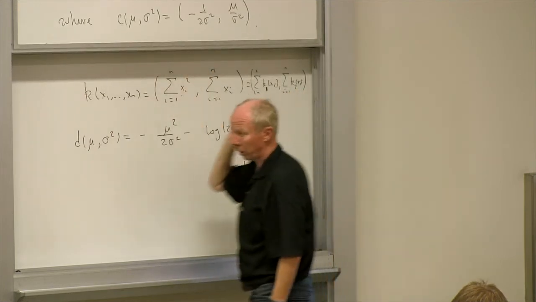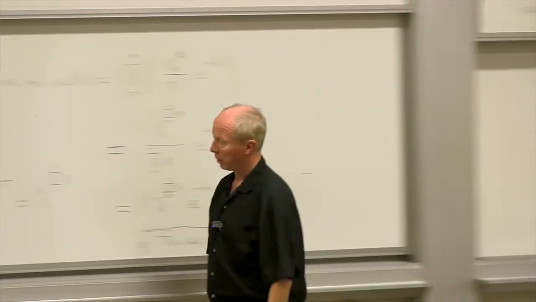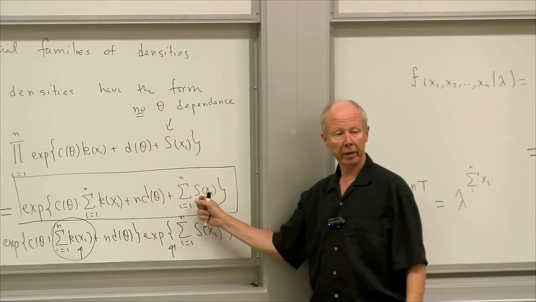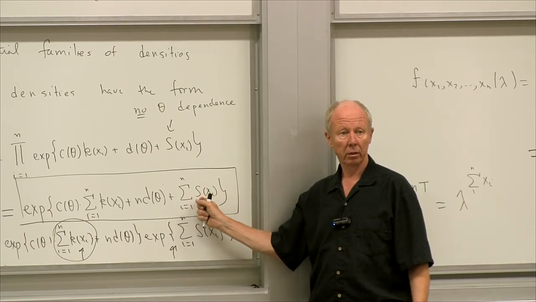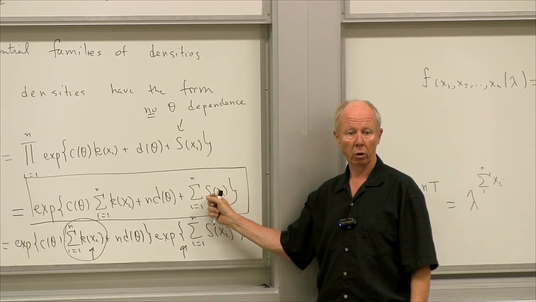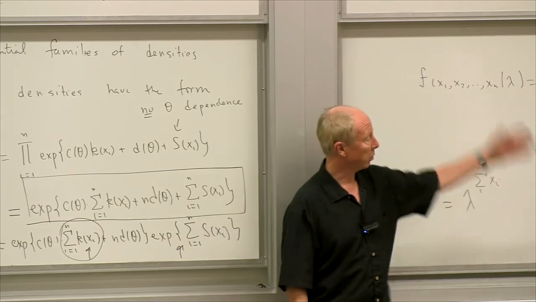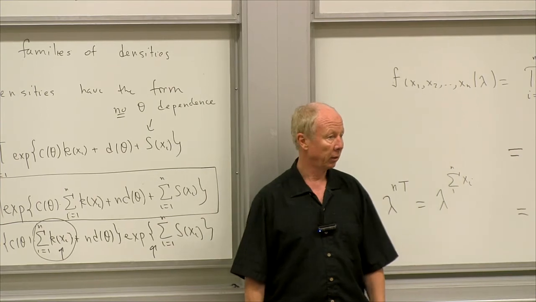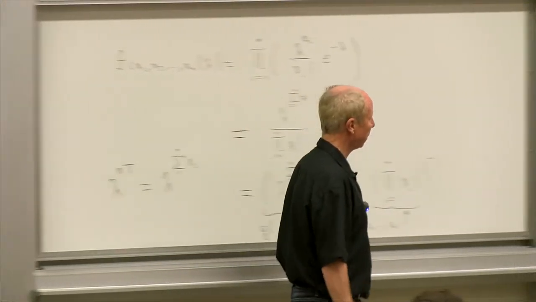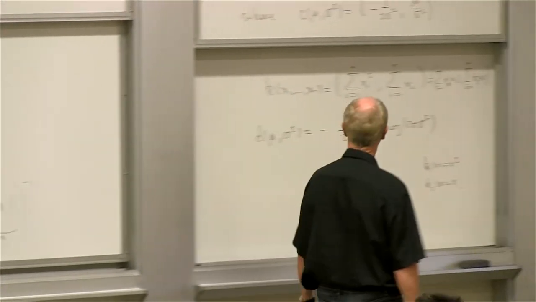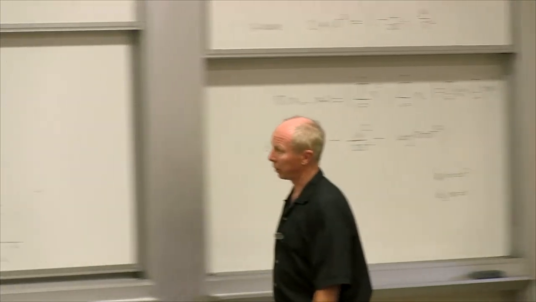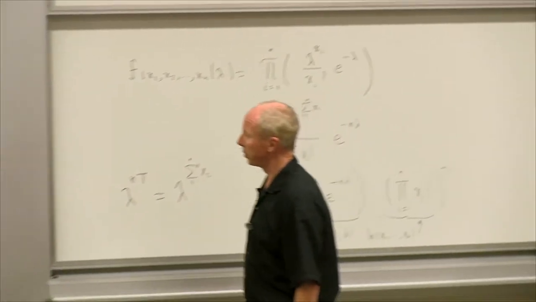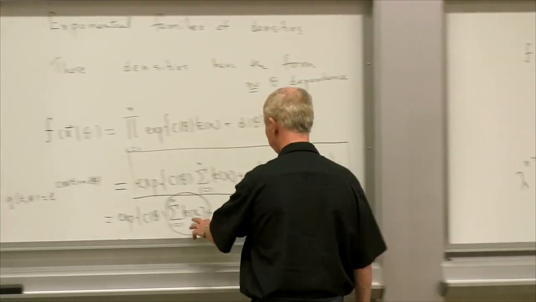Okay. And what about this part here? Does that appear in that example? No, it's 0 for the normal. So the normal is an example of an exponential family. And that means, what? Exponential families have this as a sufficient statistic.